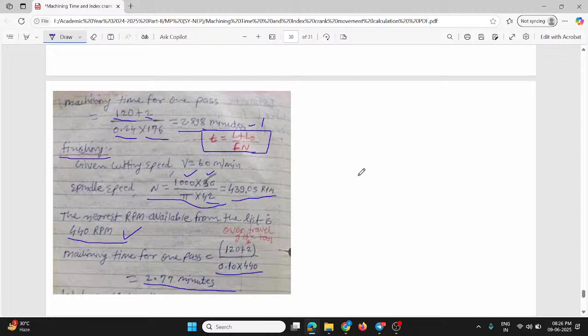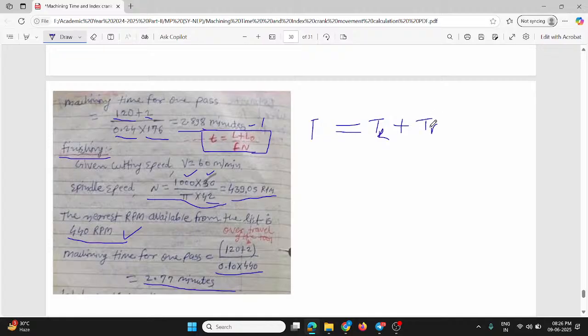So the total machining time will be equal to the machining time for the roughing cut plus the machining time for the finishing cut.